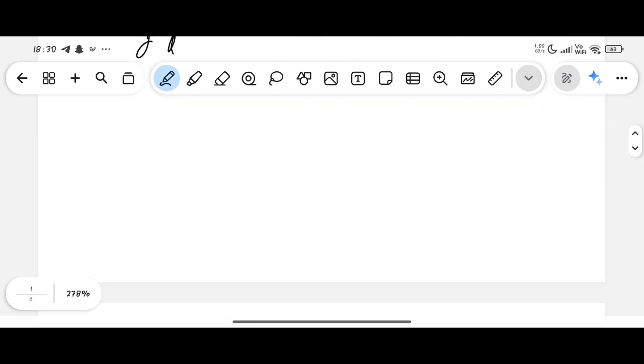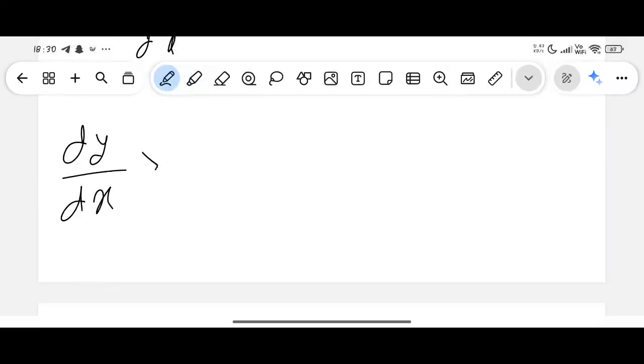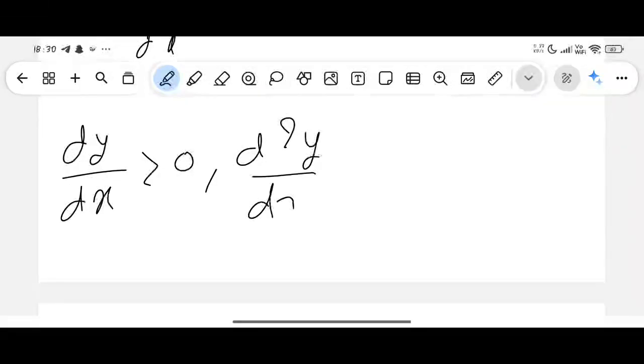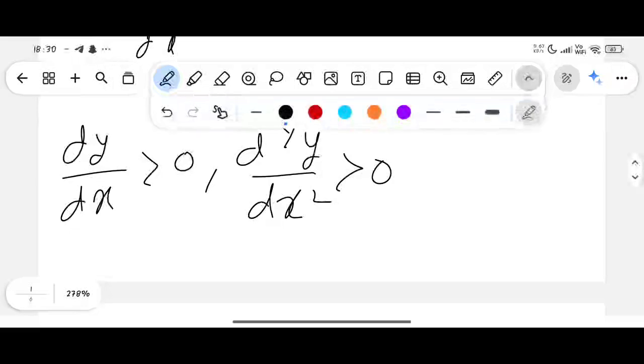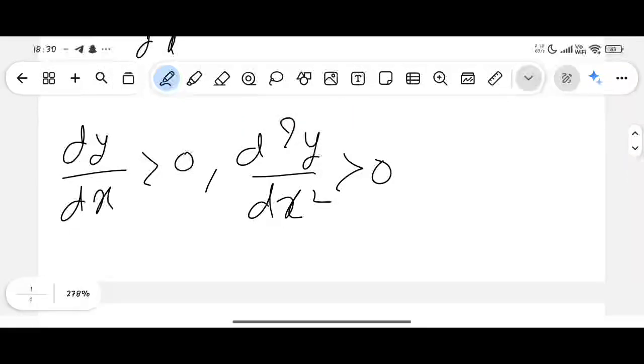Now look carefully. We cannot take d2y dx2 as a single element. So we first take dy dx greater than 0 and d2y dx2 greater than 0. This is an increasing function like this. Since both values are greater than 0, the graph looks something like this.